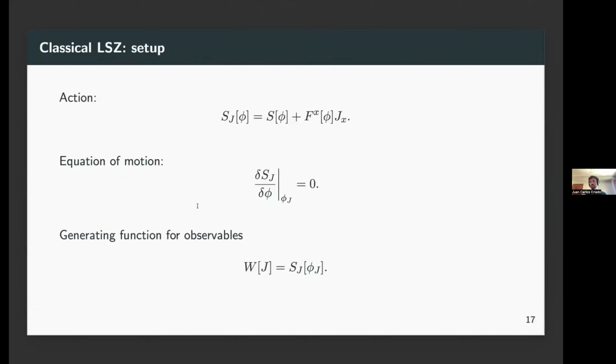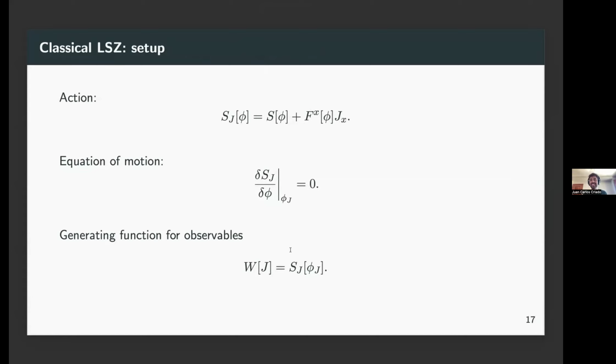So yeah, what we did in the paper is, since we were doing classical field theory, we wanted to have a classical analog to the LSZ formula. And this might seem maybe trivial because we all know that quantum field theory at tree level is classical field theory.